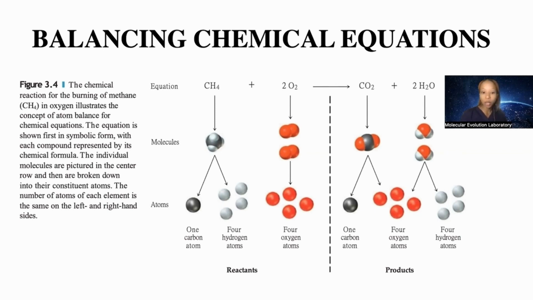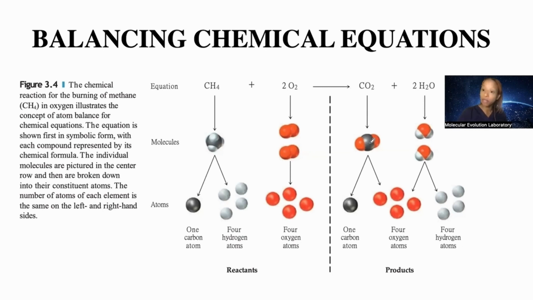The number of atoms of each element is the same on the left and on the right. So the important thing about balancing the equation is that in the end, the reactants and the products will all have the same amount of atoms. Here we have 1 carbon, 4 hydrogen, 4 oxygen; 1 carbon, 4 hydrogen, 4 oxygen. Methane plus oxygen reacts to give you carbon dioxide and water as products.